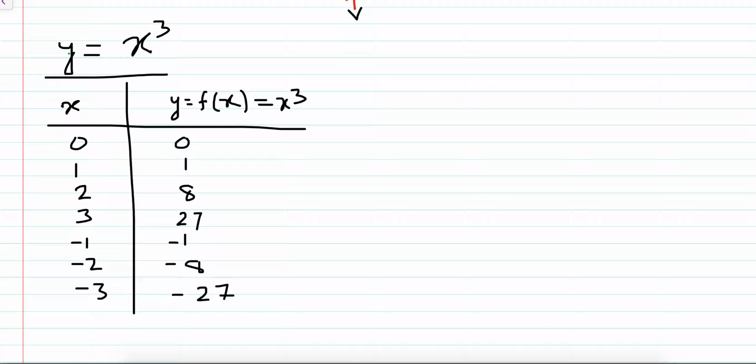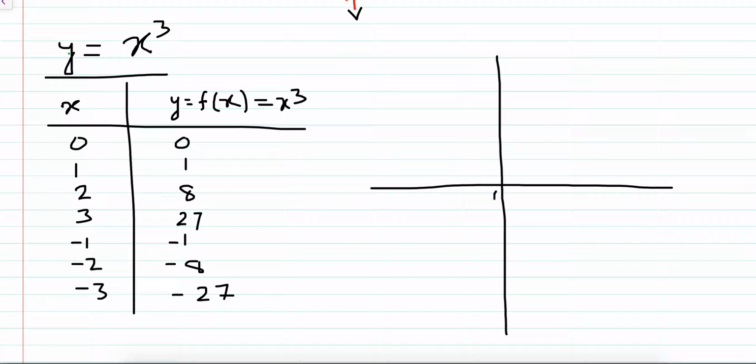So now we can plot it. So this is the origin, this is suppose 2, this is 4, this is 6, and here we will have 1, 3, 5, minus 2, minus 4, minus 6, and so on.